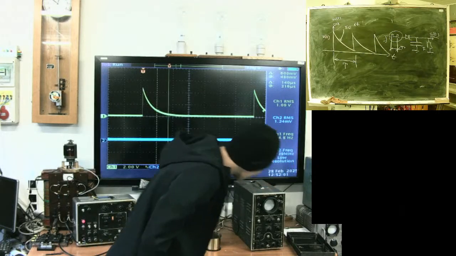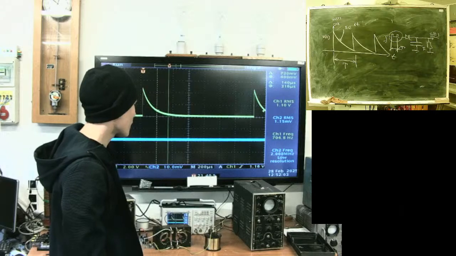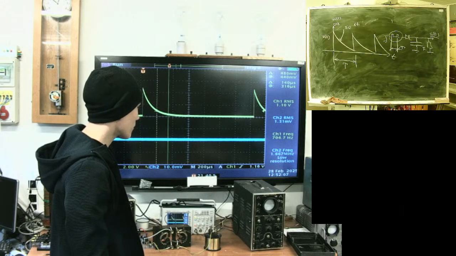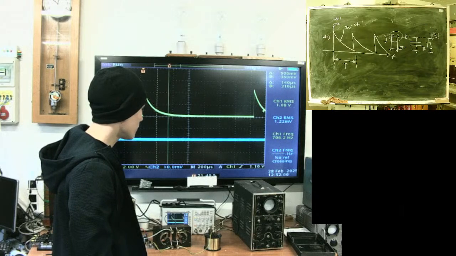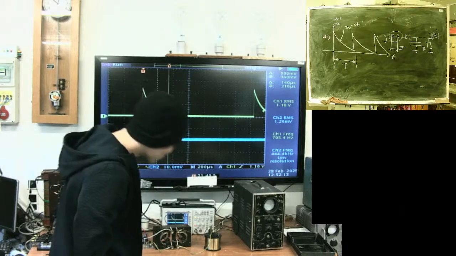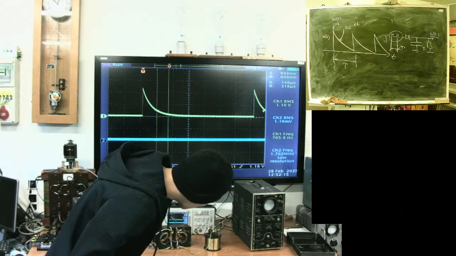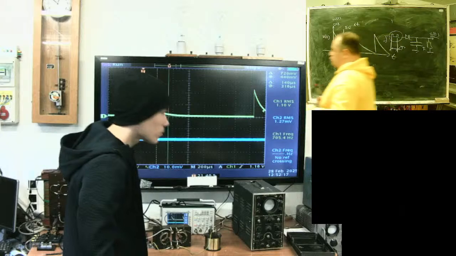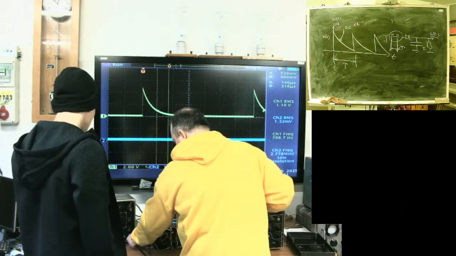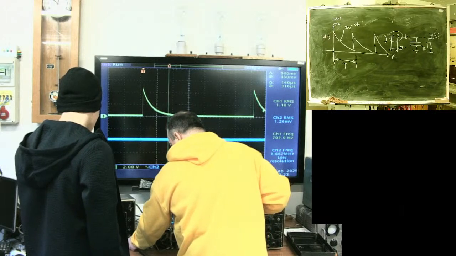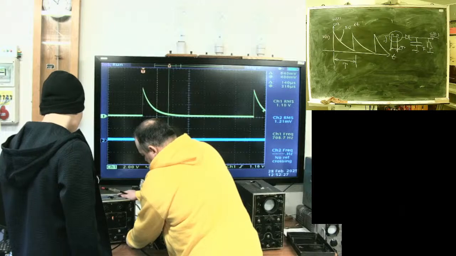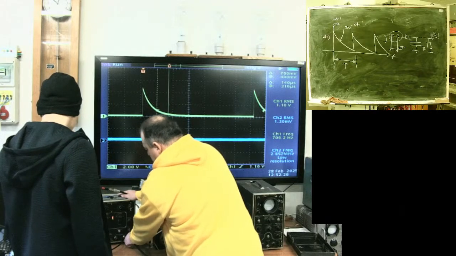We got wires. It has two outlets, so I can.